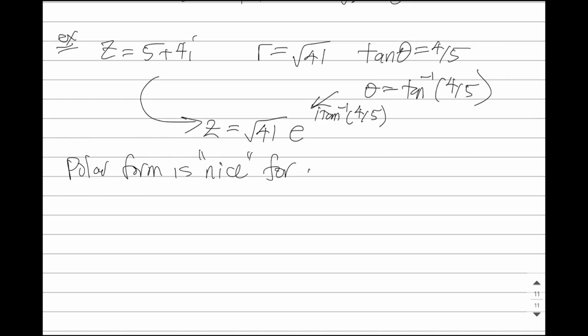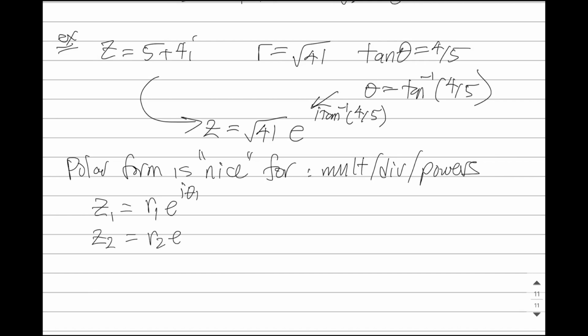Polar form is nice because it allows you to do multiplication and division and powers very easily. So if I give you z1 is r1 e to the i theta 1, z2 is r2 e to the i theta 2, and you want to multiply two complex numbers, you can assume that all of your rules of algebra still apply, which means that if you have two exponents with the same base but different powers, you can combine the powers according to addition.